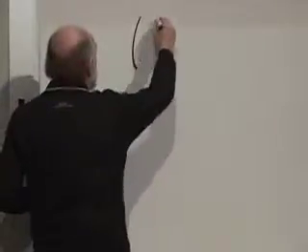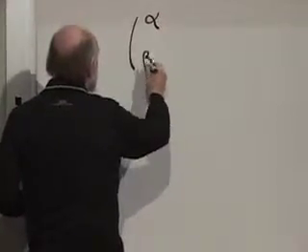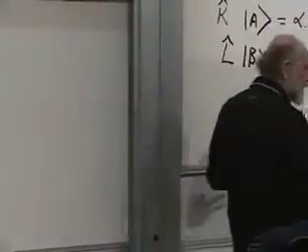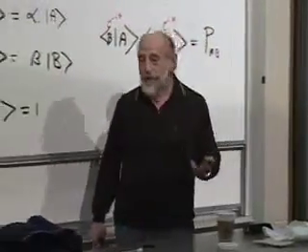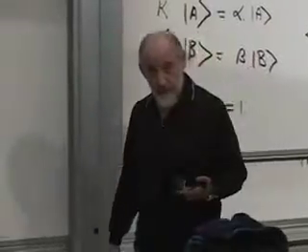All right, we can start with a general vector. Let's call it alpha, beta. That's 2 complex parameters, 4 real numbers altogether. So a general vector in the vector space has 4 real parameters associated with it.